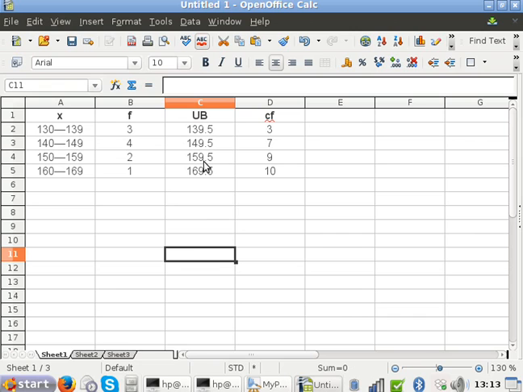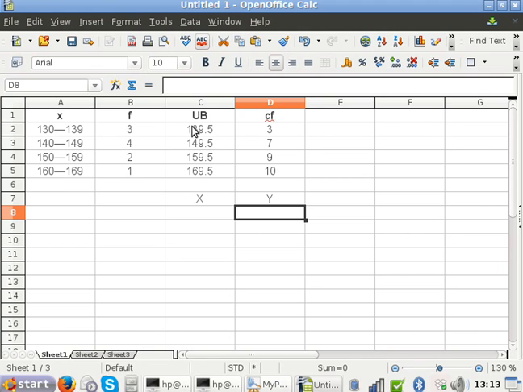Okay, we can put these in a graph now. And the way we usually graph these is by putting this one here on the x-axis and this one here on the y-axis. Okay, this is how we graph it. So for example, the first point would be 139.5 and its height would be 3. The second point would be 149.5 and its height would be 7, and so on.